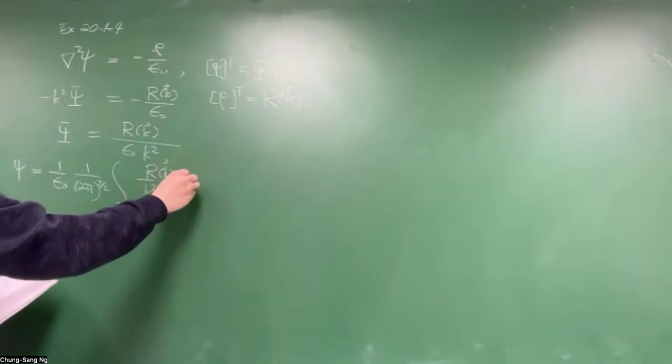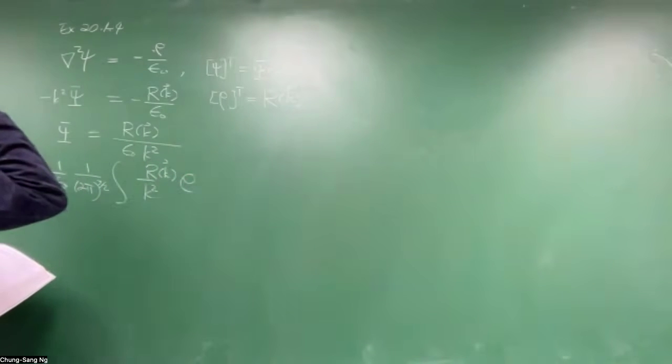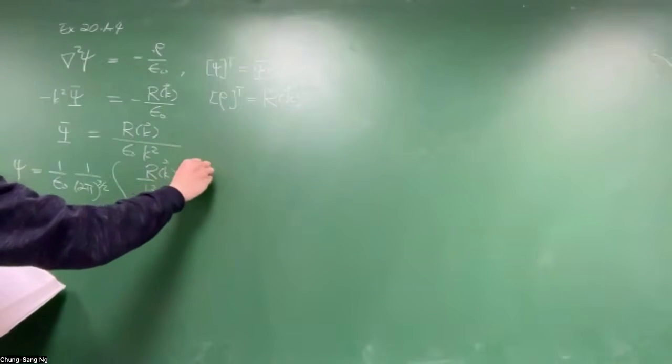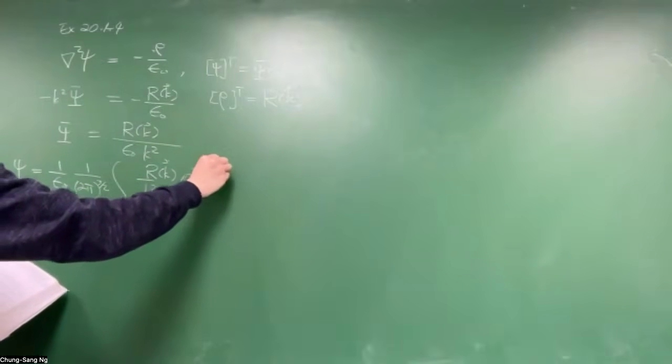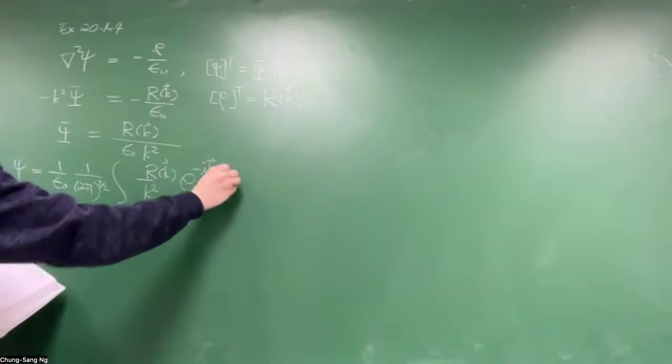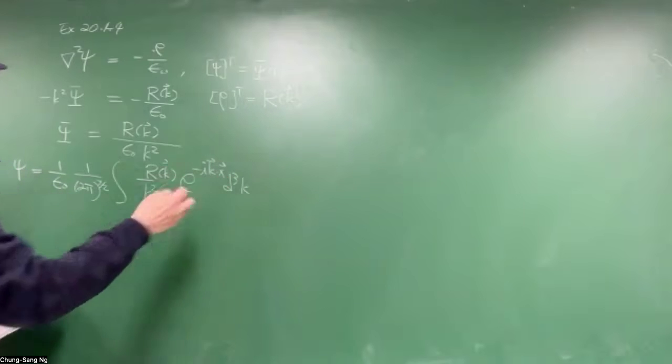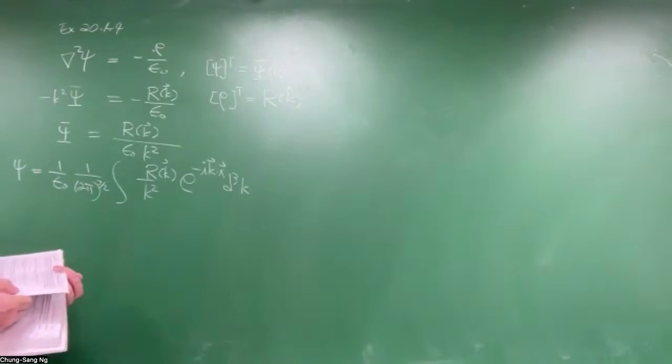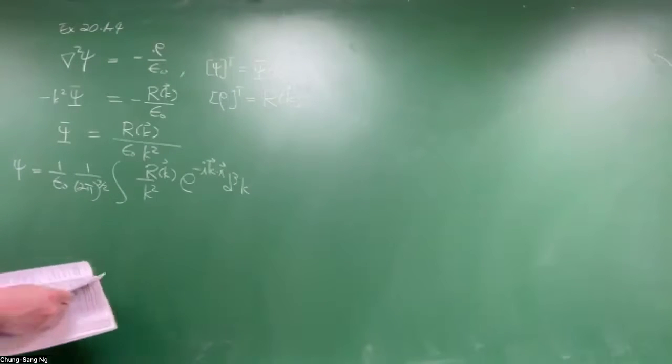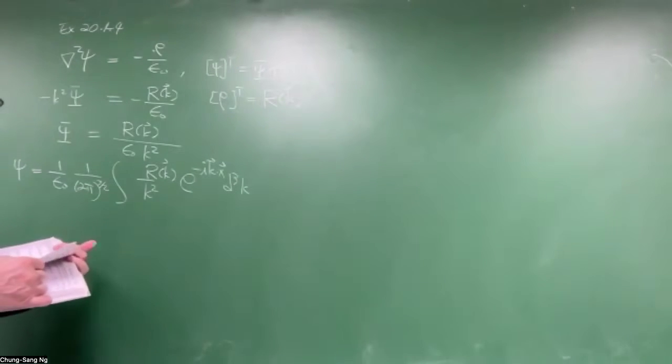In that case, e to the minus ikr, I think your text will use the minus convention. And that becomes a convolution. Now it depends on finding the transform of 1 over k squared.